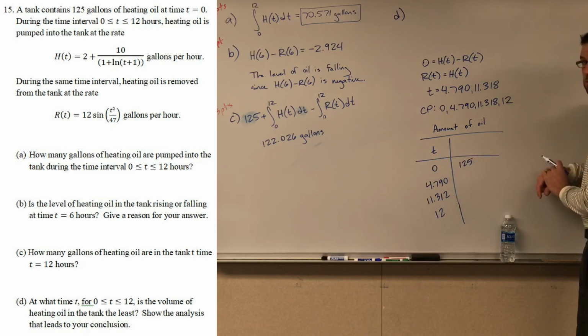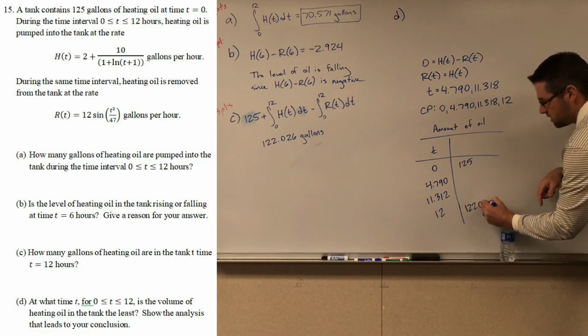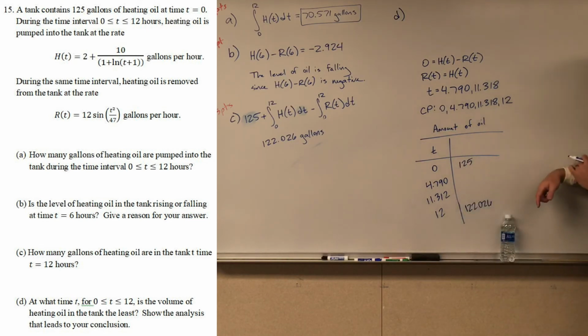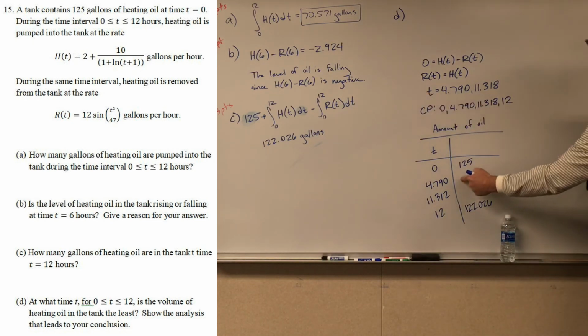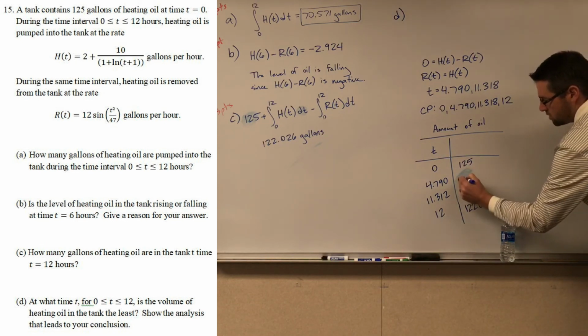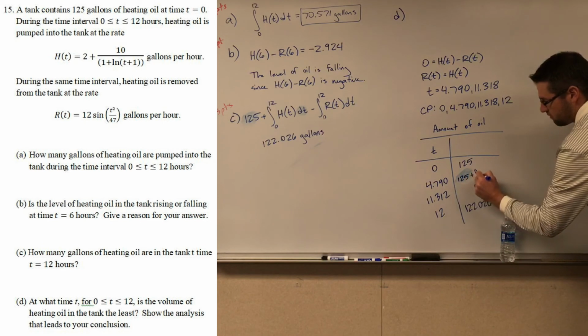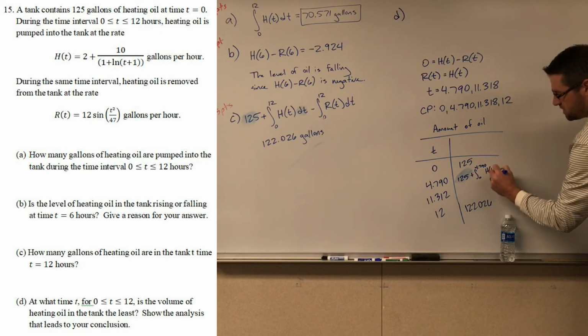And we already know what at 12 is? 122.026. How are we going to figure out these values? Plug them into what, though? To this equation. So this is going to be 125 plus the integral from 0 to 4.790 of h of t minus r of t dt.